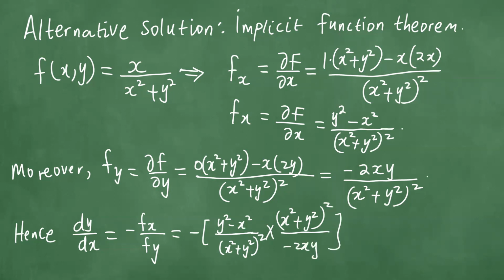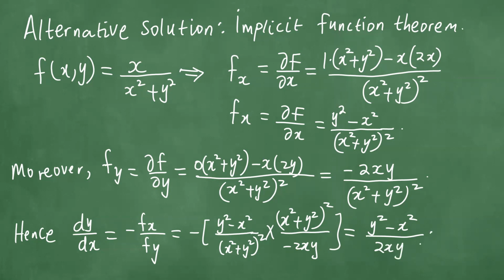If we are dividing by f sub y, we alternatively multiply by its reciprocal. So this cancels out, and the negative gives us a positive, yielding y squared minus x squared divided by twice xy.